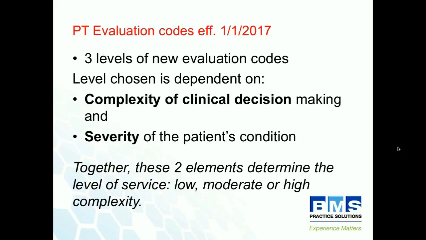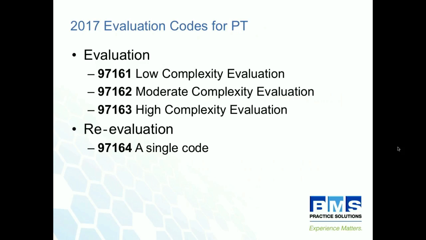So the level of evaluation will be low, moderate, or high complexity. So the actual codes for the new evaluations are 97161 for low complexity, 97162 for moderate, 97163 for high complexity evaluation, and then the reevaluation code is also changing to 97164.